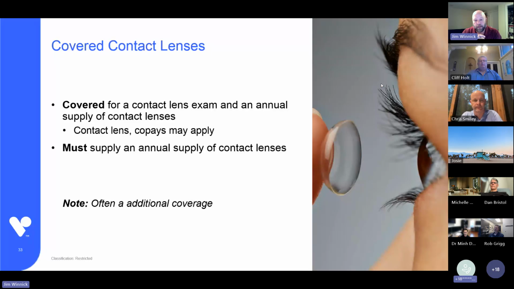And you, as you want to train all your staff, are always looking when they pull for claims to make sure patients don't have secondary coverages. It gets missed in a lot of offices, whether it's a secondary coverage under a spouse or a secondary coverage for safety glasses, or in this case, a secondary coverage for covered contact lenses. Because this is a very nice benefit for the patient. They are covered for their evaluation fees in full and a year's supply of lenses in full.